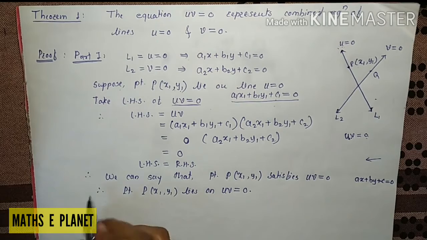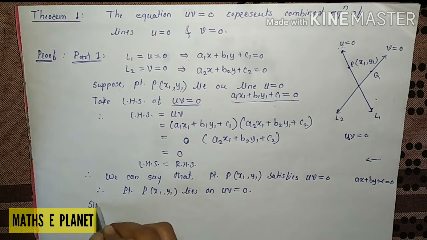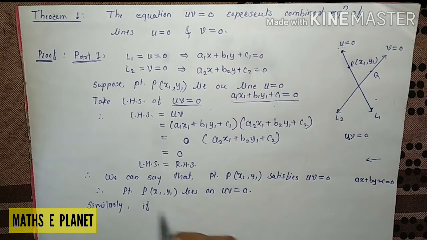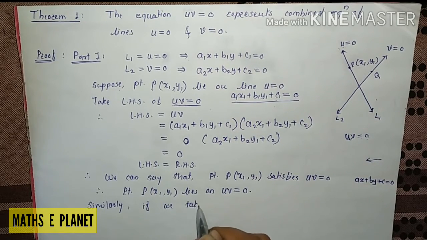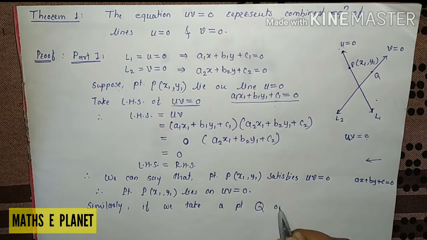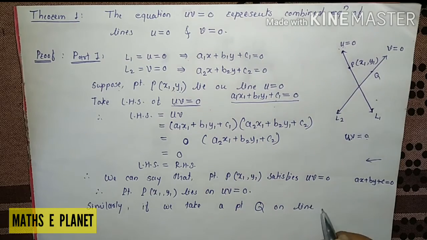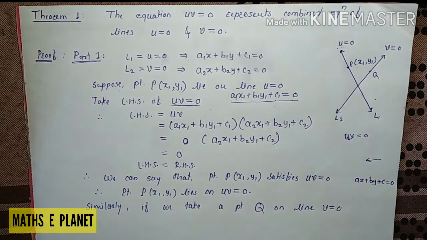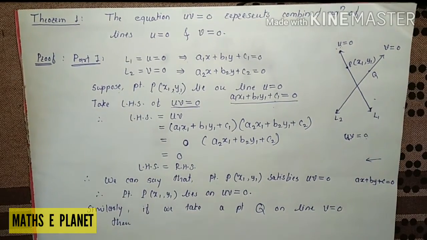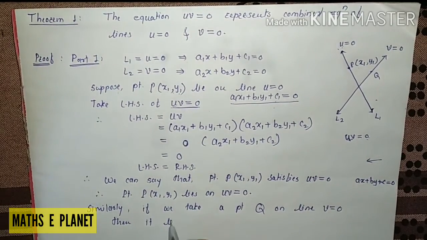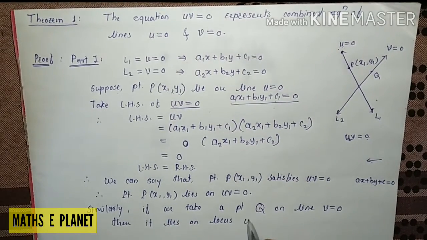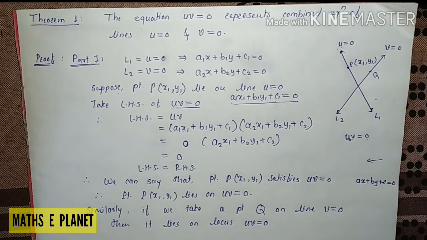Here we can just write that similarly, if we take a point Q on line v is equal to 0, then it lies on locus u into v is equal to 0.